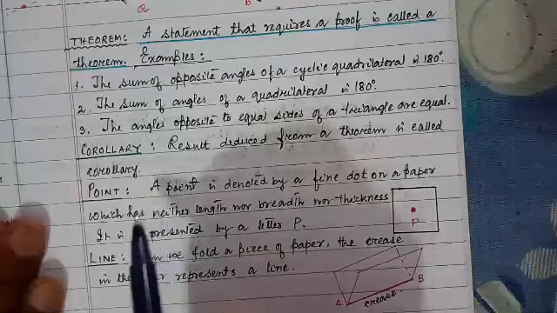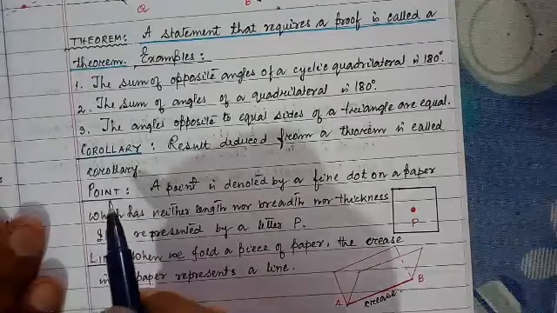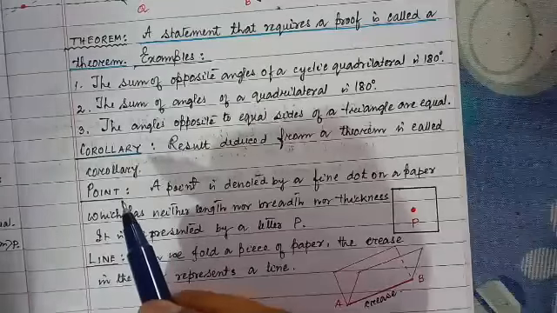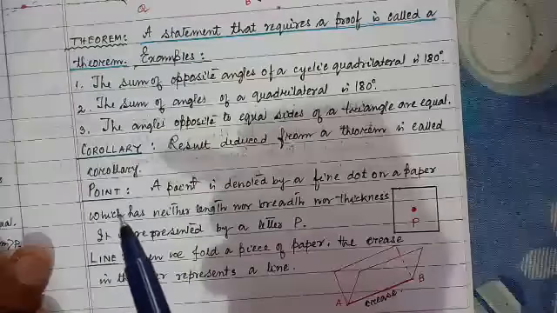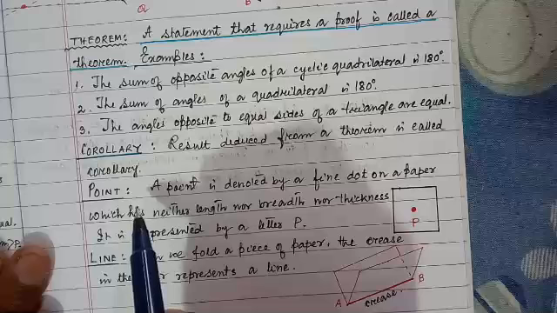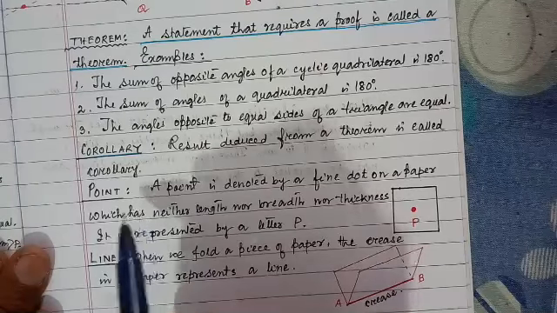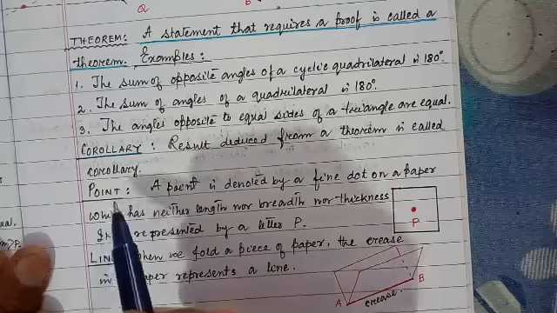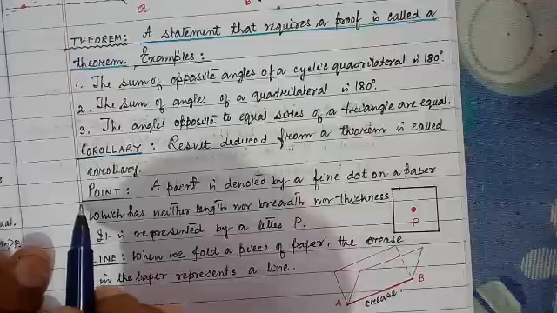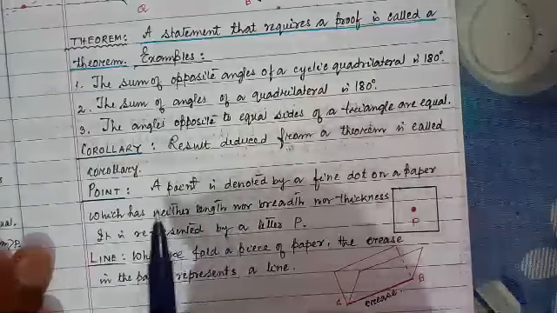Now, according to the Euclidean concept, we will learn the definitions of some geometrical terms like point, line, etc. Point. What is a point?